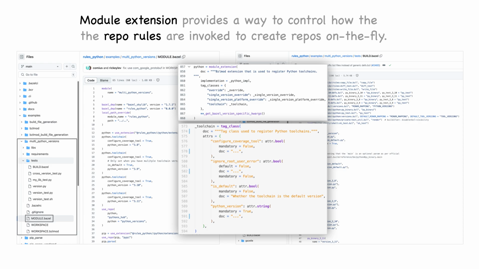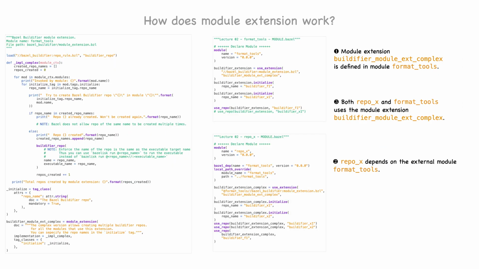To explain the working principle of module extension in a more understandable way, let's go back to the beautifier example. I created a beautifier module extension with a lot of printouts for observing purposes. This module extension is more complex in a way that it allows you to create a bunch of copies of the same beautifier executable.